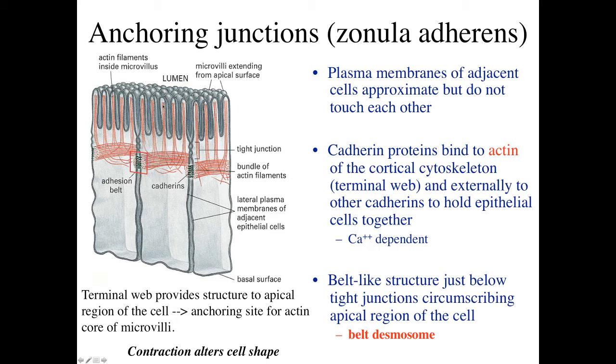So you might imagine these microvilli might scrunch down if these actin components get a little bit shorter. Likewise, as the actin components relax a little bit, these microvilli might get longer, and so you might imagine that would provide a little more membrane surface area.